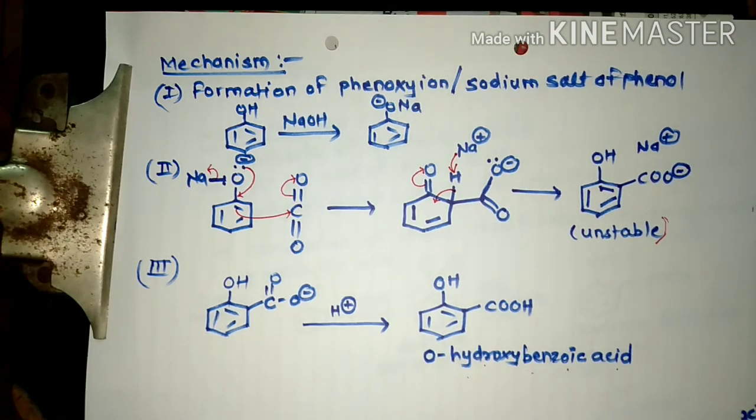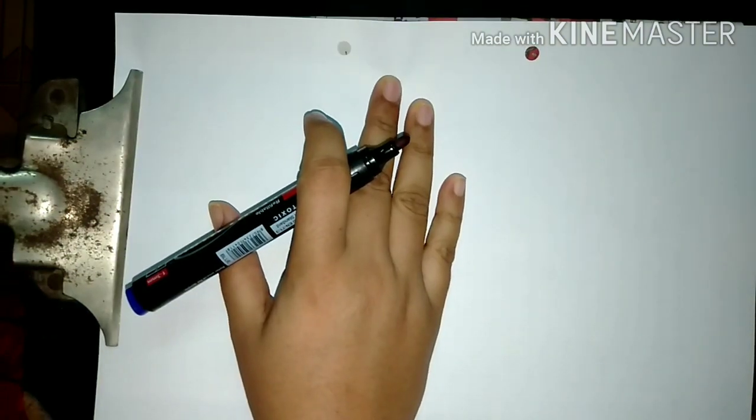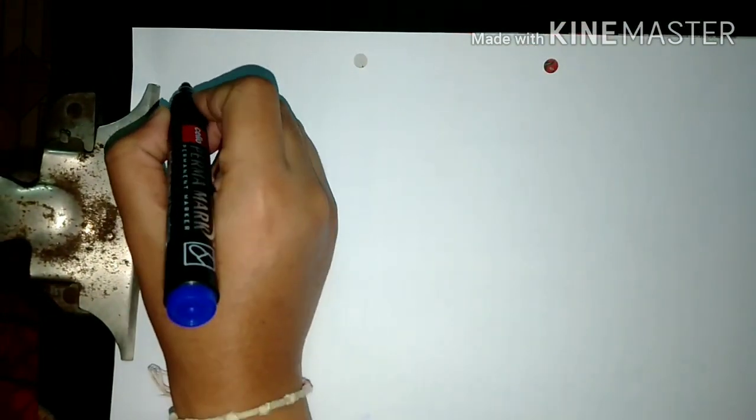So, here we will finish with the reaction Kolbe synthesis. Now, let us start with the last reaction from your syllabus, that is Reimer Tiemann reaction, that is also synthesis for the phenolic aldehyde. Now, let us start with the next reaction, that is a Reimer Tiemann reaction.